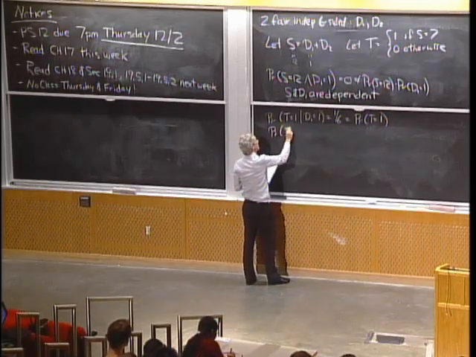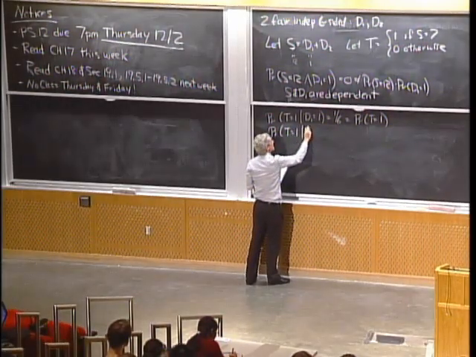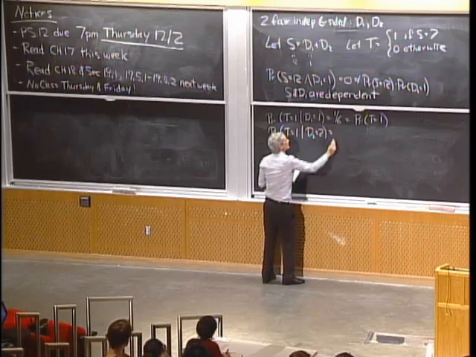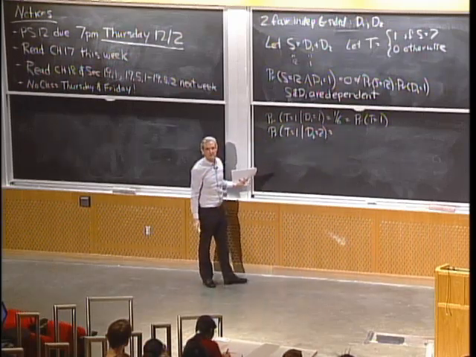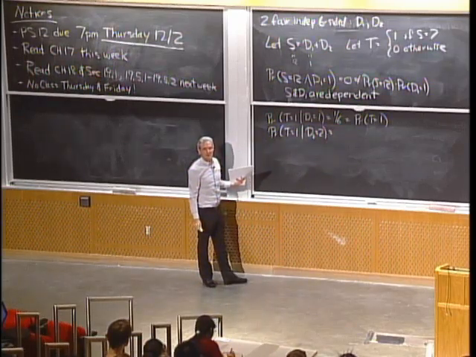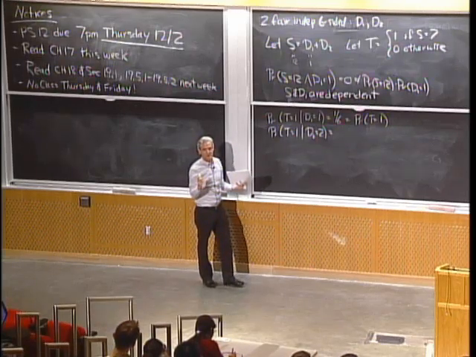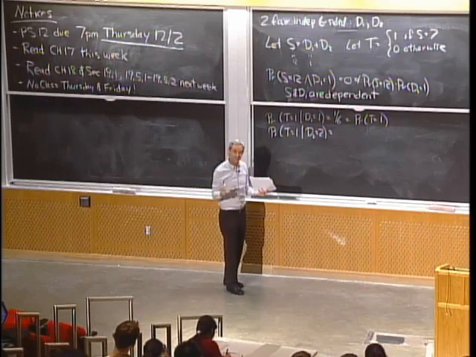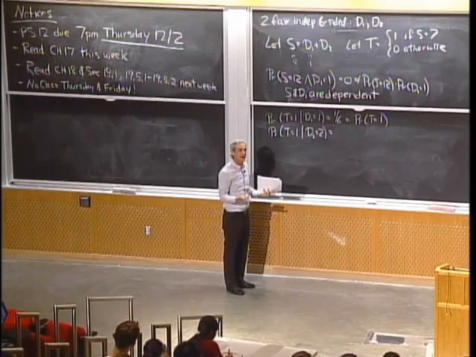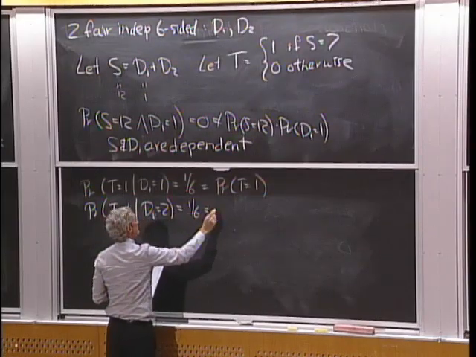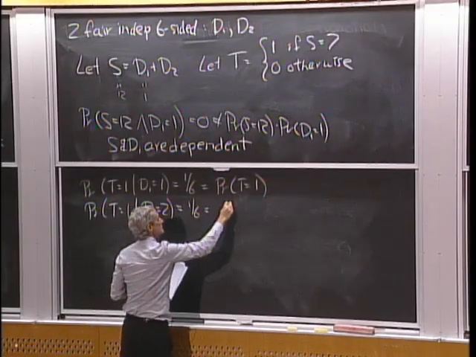All right, now probability of getting a 7 given the first die is a 2. What's that? 1/6, because you got to have the second die be a 5. And that happens 1/6. And that equals the right thing.